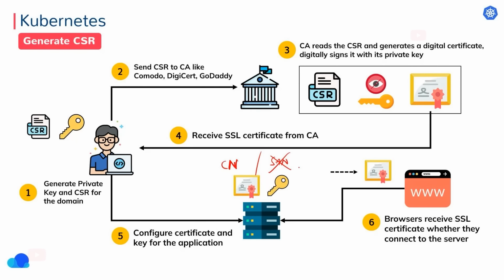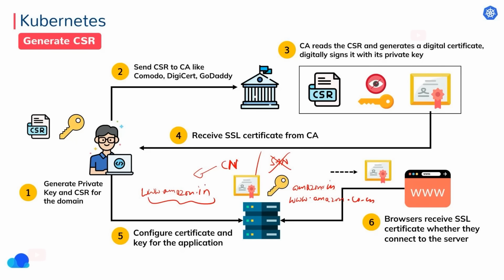So what is this subject alternative name? It is very easy. If I say the common name is www.amazon.in, the subject alternative name, as the name itself indicates, gives alternate names for this domain. Instead of calling www.amazon.in, people may also use amazon.in, or something like amazon.co.in.